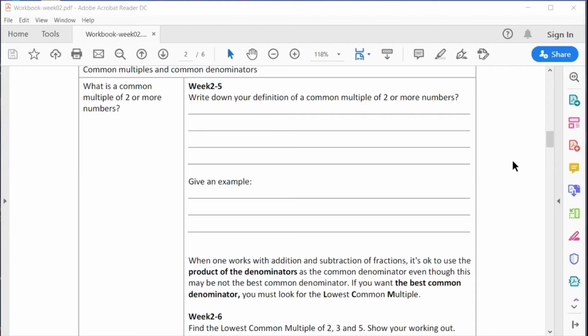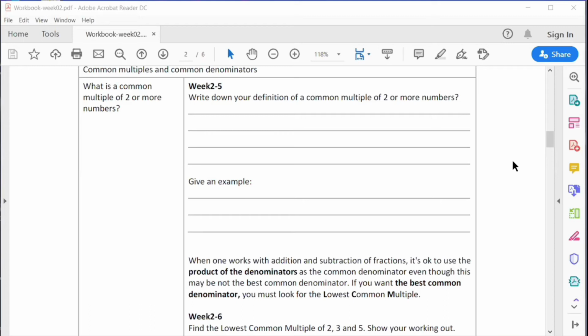Done. All right. I'm done. Now, everybody done? Yes. Now, any one of you want to volunteer to say what you wrote down? Yep, go on. Common multiple is a number that is common in two different times tables.